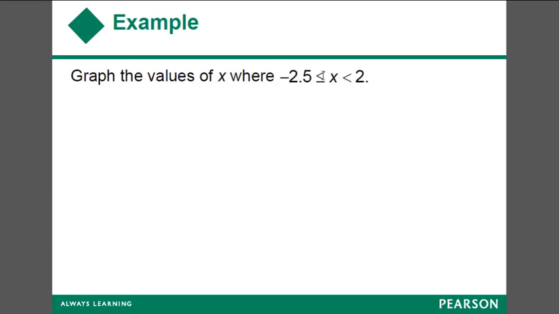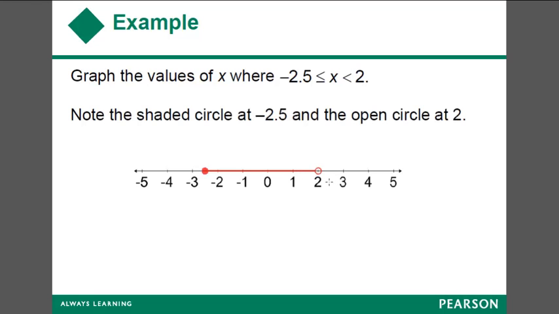Notice that it is greater than or equal to the -2.5, but it's only less than 2. So we're going to have a closed circle at the -2.5, but an open circle at the 2, as we see here. That's because the 2 does not have the equal to portion.